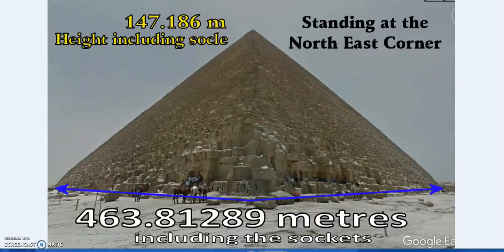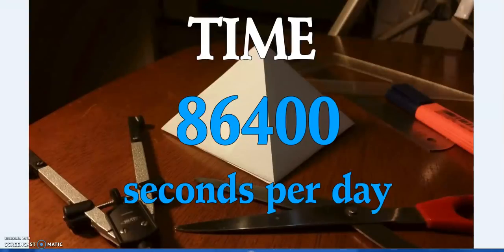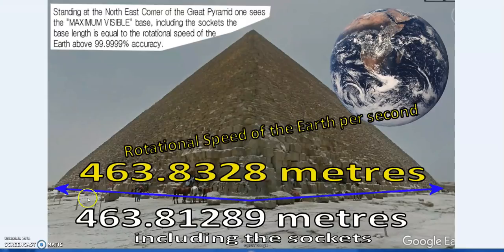So if you want the geometry, pi, phi, just the pyramid. If you want the Earth and astronomical information, you need to include the socle and the sockets. And 86,400 seconds per day, pendulum, Egyptian Royal Cubit, 1 second. So if I stand at Heliopolis, the most I can see of the base of the Great Pyramid is the rotational speed of the Earth per second.